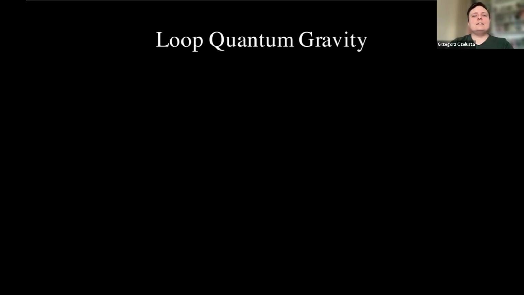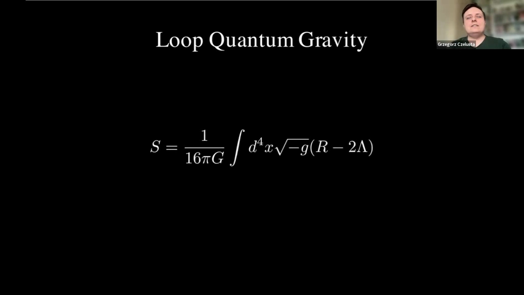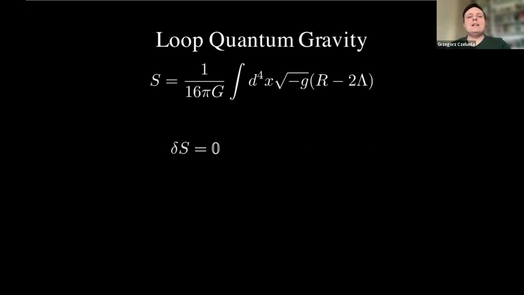So classical general relativity can be formulated in the Lagrangian formalism by defining the action. So this is the action, the integral of the Lagrangian for classical general relativity without matter. And applying the variational principle to this action, we obtain the Einstein equations.